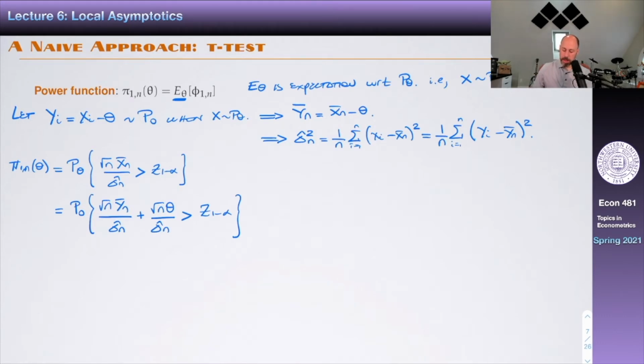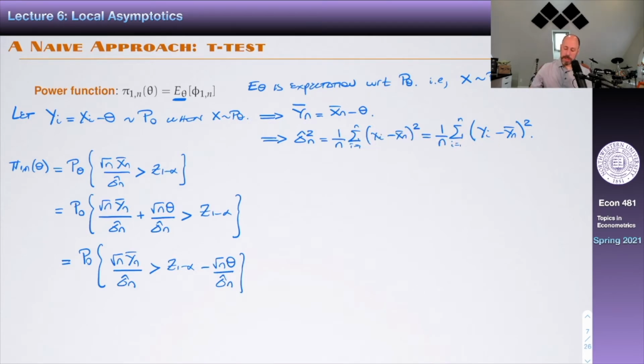Now I'm going to take this to the other side. And again, one point that matters is that when I replace x with y, I replace that in the numerator and in the denominator as well, because we just showed here that the denominator is exactly the same for the x's and the y's.